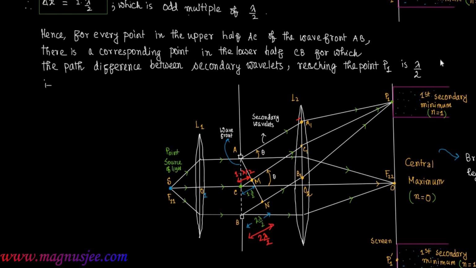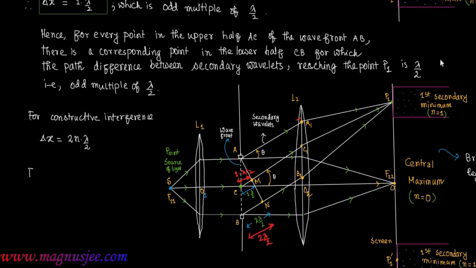That means wavelength of light divided by 2, that is the odd multiple of lambda by 2. Therefore delta x, the path difference between two terminal secondary wavelets CC1 and AA1, is given by 2n lambda by 2.